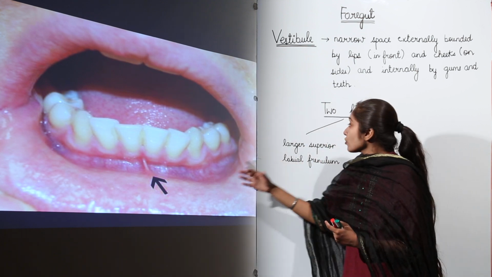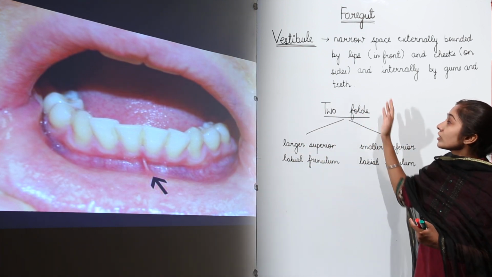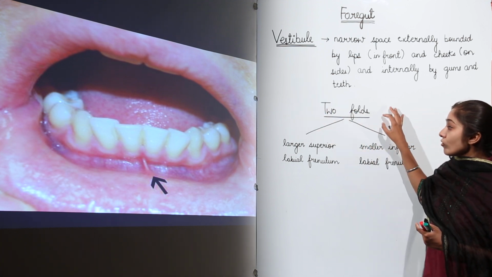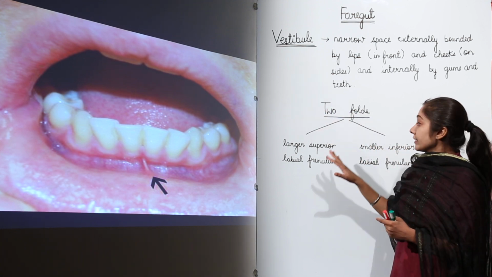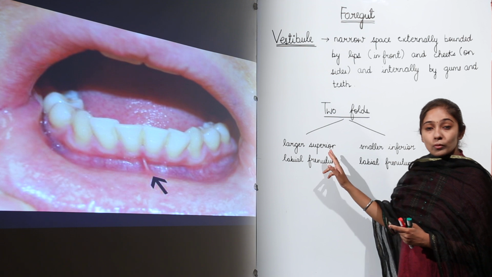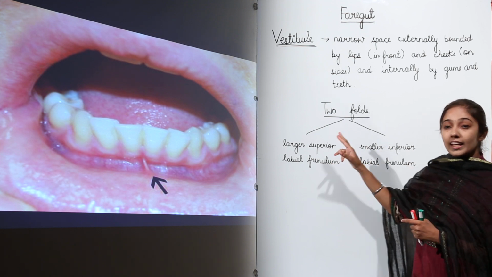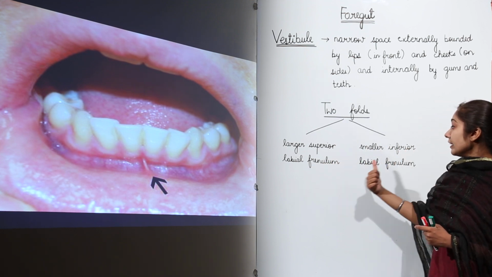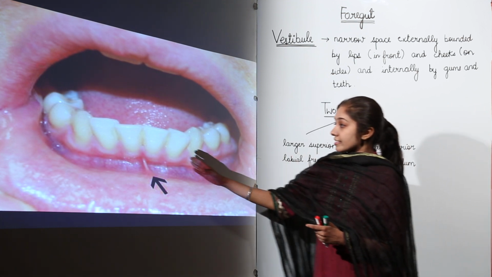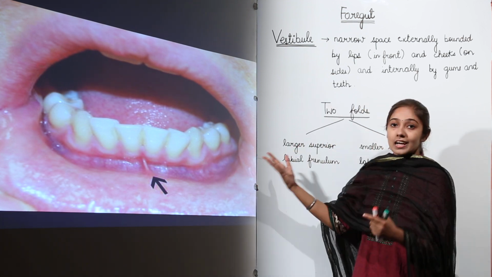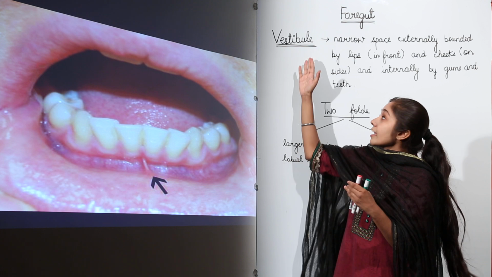So this is how there are two folds. This vestibule space has two folds which have these frenulums, the superior labial frenulum and the inferior labial frenulum. You can see this in this image, how this space is there, which we call vestibule.